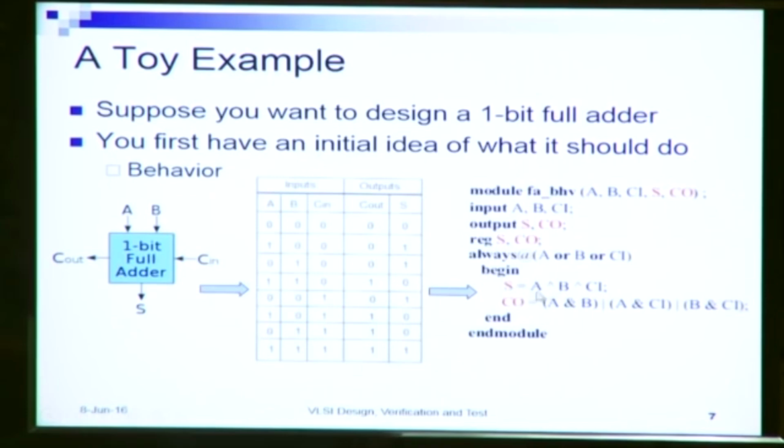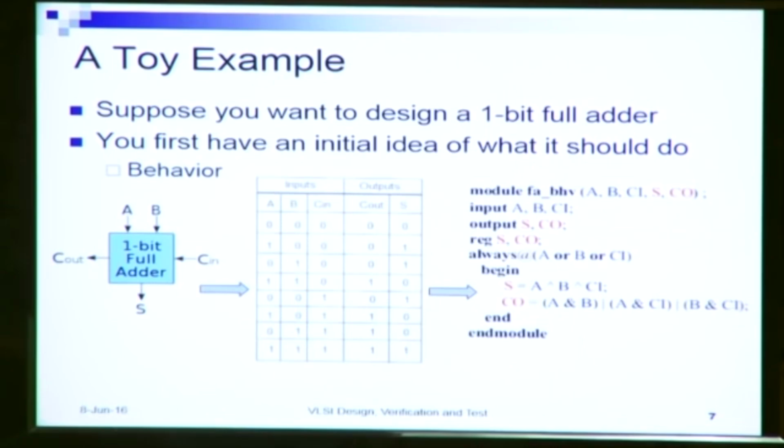The sum bit is A XOR B XOR C in, or carry in, and the carry output is AB or AC in or BC in. Because the sum is an odd function, it's an XOR over these three. Any odd number of input bits being 1 makes the sum 1, and the carry will be 1 whenever at least two of the bits are 1. So this is the representation of the behavior.